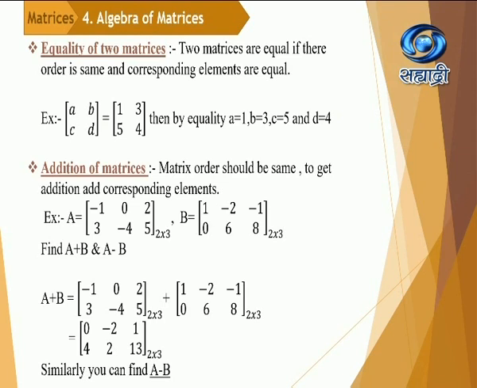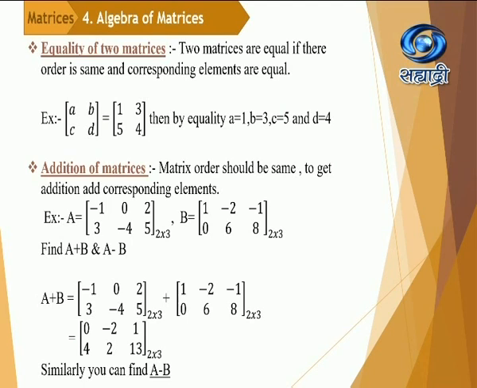Addition of two matrices. The matrix order should be the same first of all. To get addition, add corresponding elements. Similarly, we can easily find subtraction of two matrices. So here are the examples. A is a 2 cross 3 order matrix and B is a 2 cross 3 order matrix.